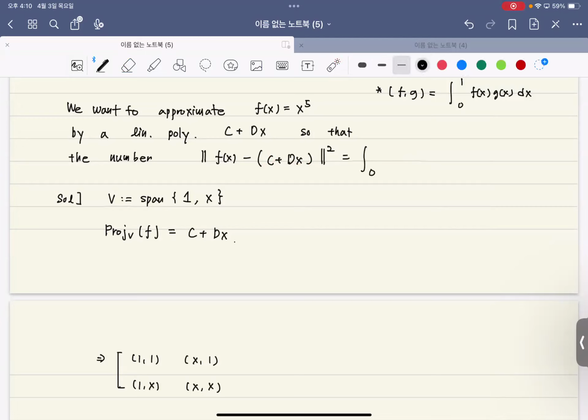It is actually the integral of (f(x) minus (c plus dx)) squared dx. So this is an inner product. Once you integrate in terms of x, the variable x disappears, so this is merely a function depending only on the parameters c and d. Thank you for your clarification.